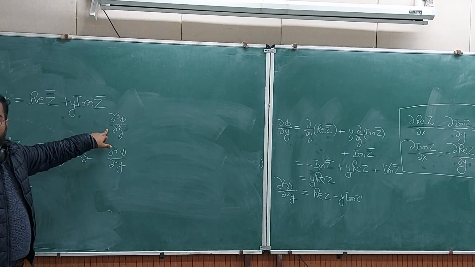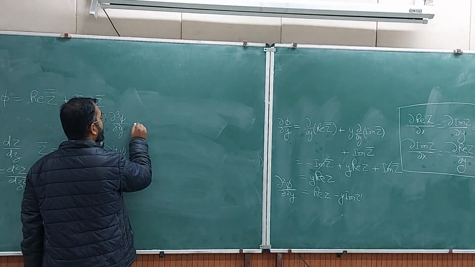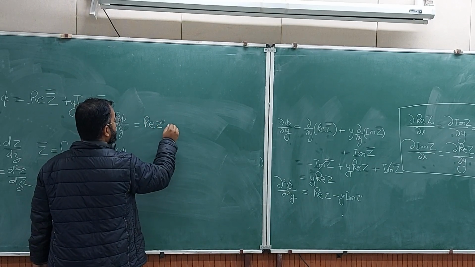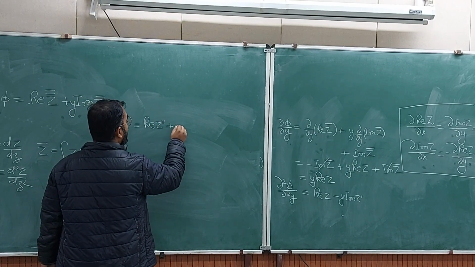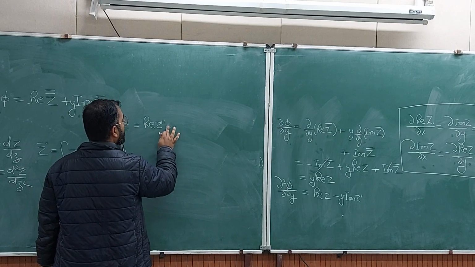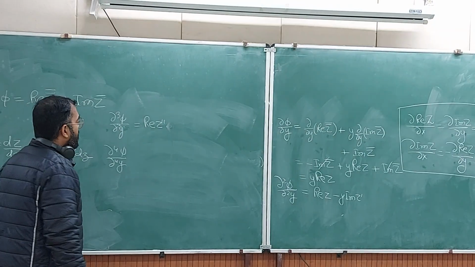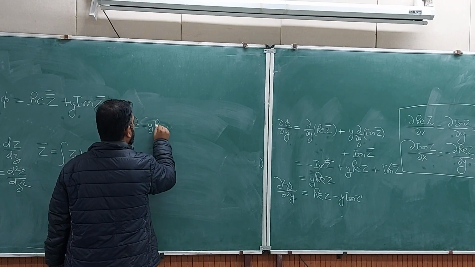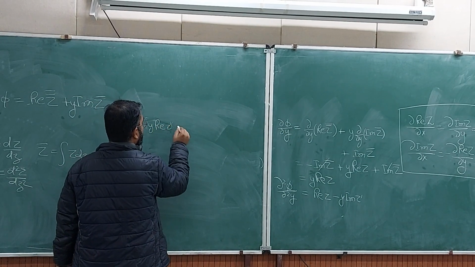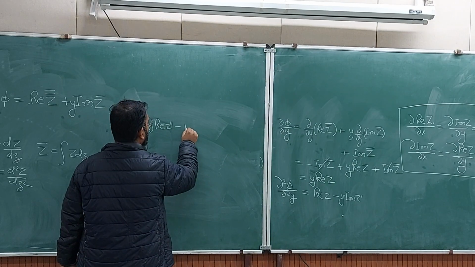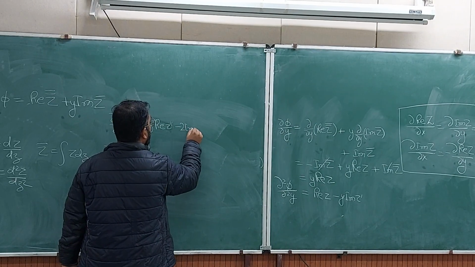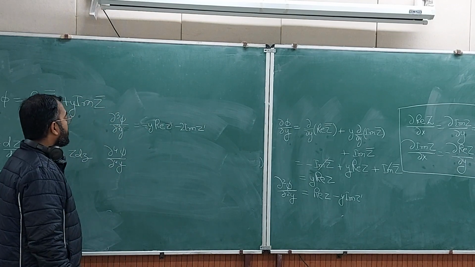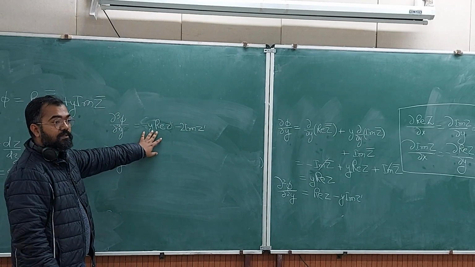This one? Then real part of z dash, z double dash plus... Is that all? Means, sir, minus y real part of z double dash, minus twice imaginary part of z dash. Okay, I am not checking it. This is the final expression.